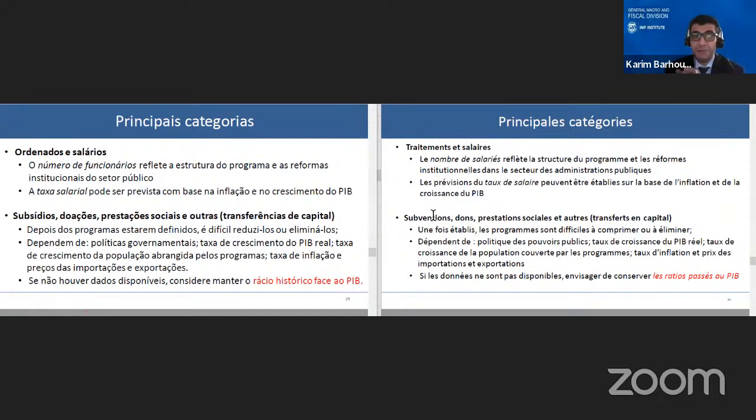For other categories, like subsidies, grants, social benefits, and capital transfers, we have to keep in mind that when a program is put in place, it is very difficult to shrink or eliminate, like subsidies, for political reasons, or during a recession, or, as Anna highlighted in the first lecture, due to the war now in Europe, some agri-food commodity prices are going up, which could raise a food security problem in some countries, in our region in particular.